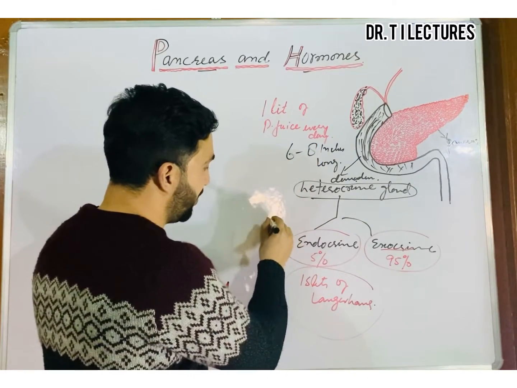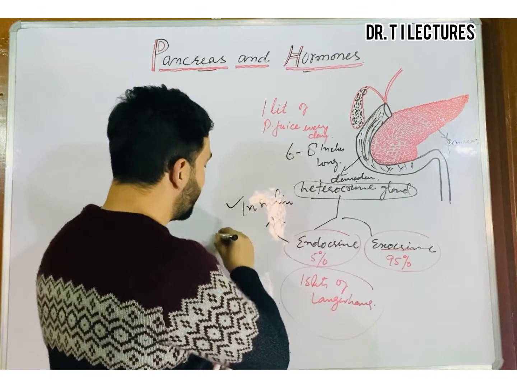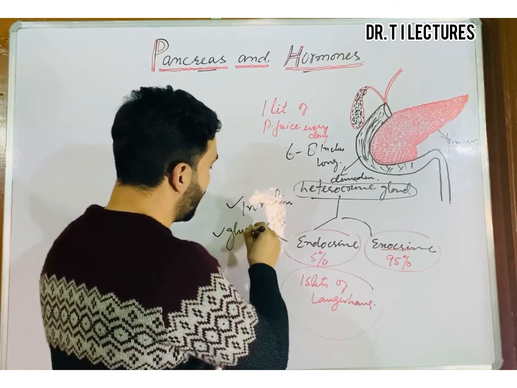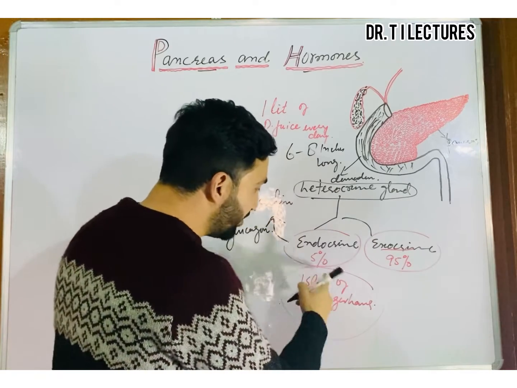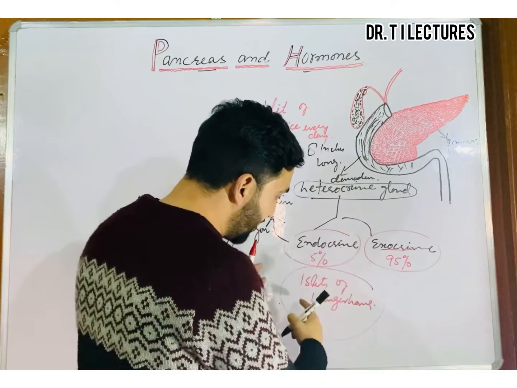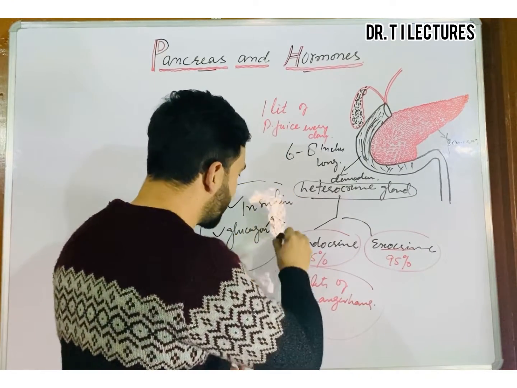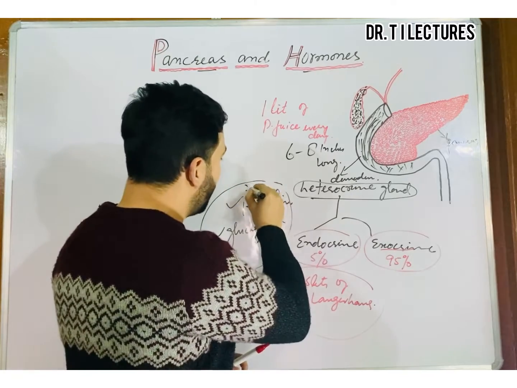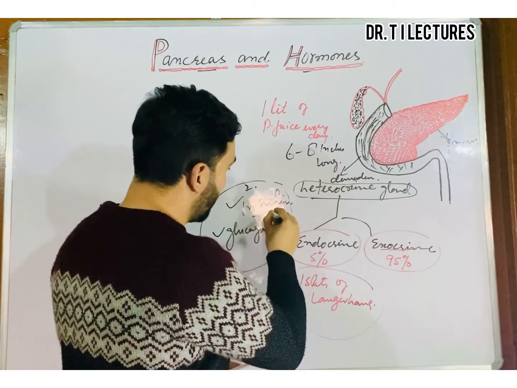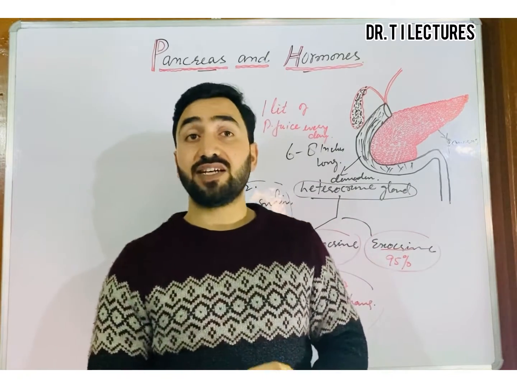As you might have heard the name insulin, one is insulin and one is glucagon. So the 5% comprises the grape-like clusters of cells we call islets of Langerhans, which are responsible for the production of two important hormones: insulin and glucagon.